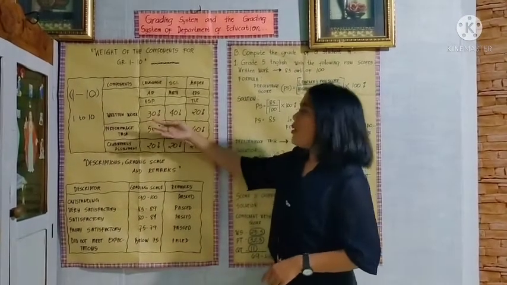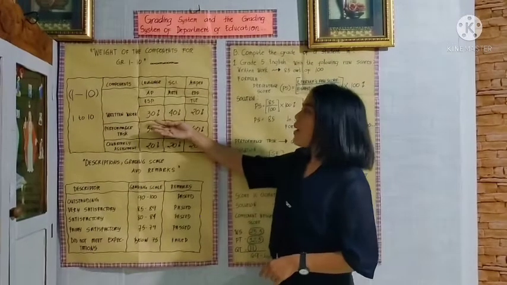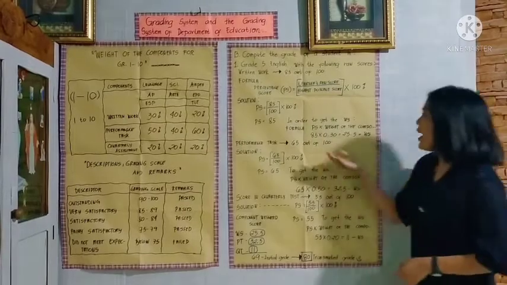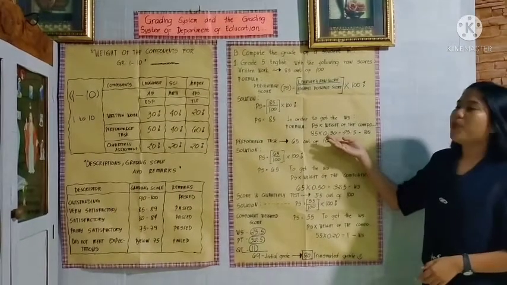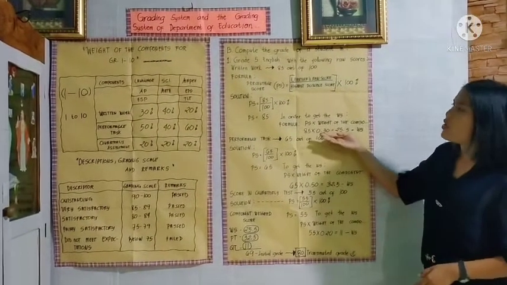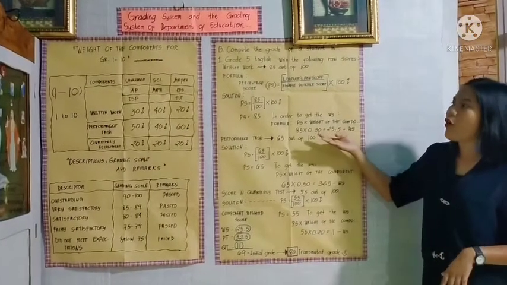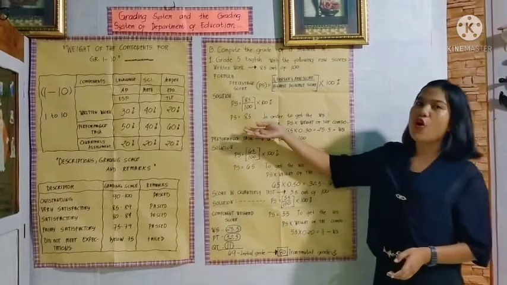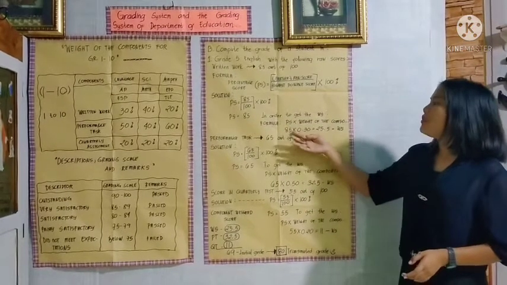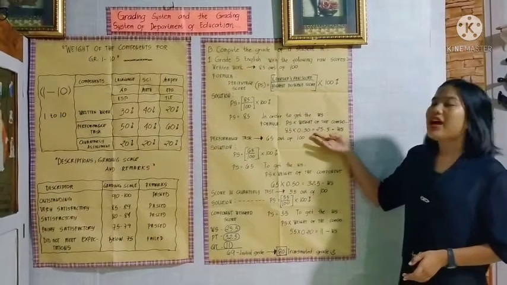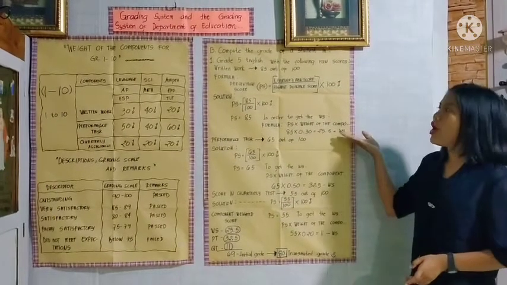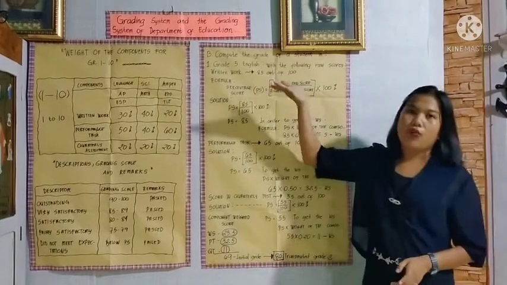How many percent corresponds to written work? That's why we end up with 0.30, because it is the corresponding weight for written work in English. The percentage score is 85. 85 times 0.30 equals 25.5. So this is the weighted score for written work.